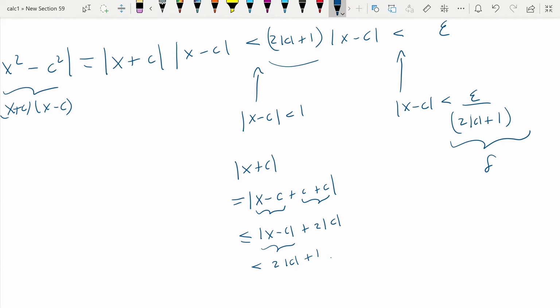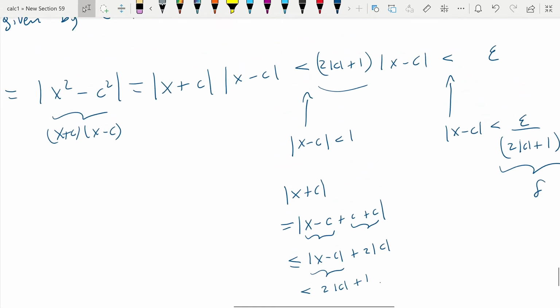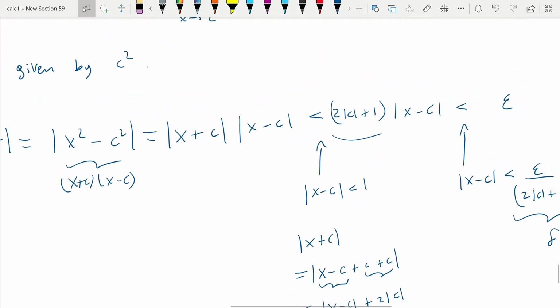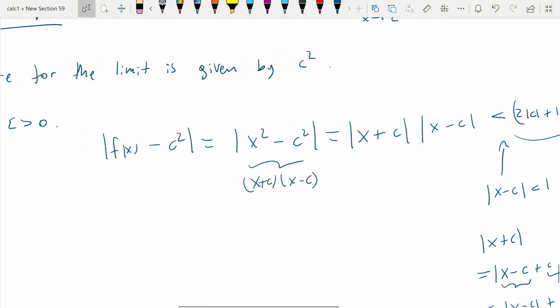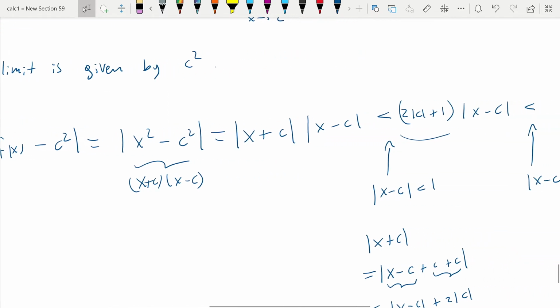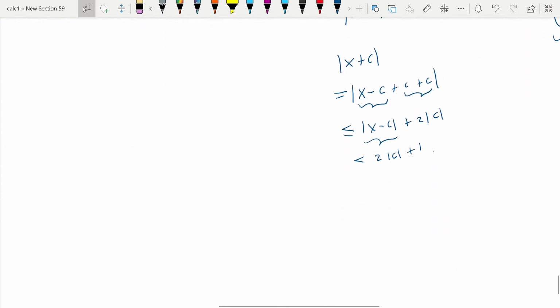So this concludes the proof that the limit of f of x as x approaches c is c squared for f of x equals x squared, the function x squared. This is basically how we proceed.